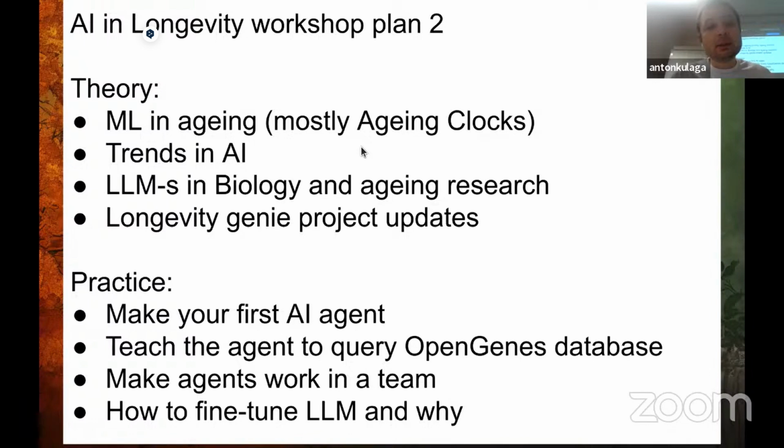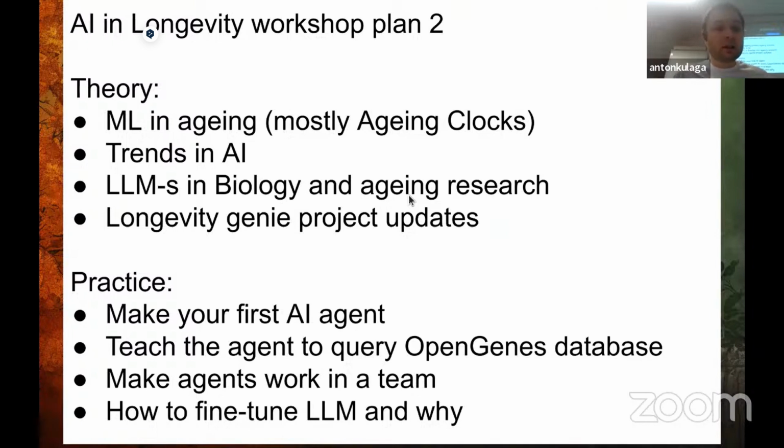Then I will look into current trends in AI, especially generative AI, and how they are coming to biology. And then I will show how LLMs and transformers are used in biology, and I will share updates on the Longevity Genie project.